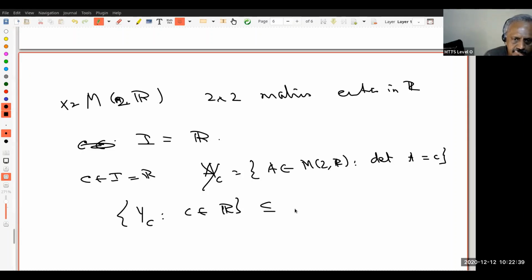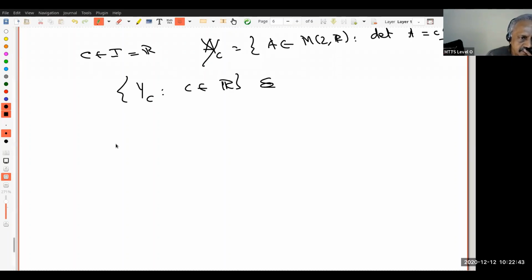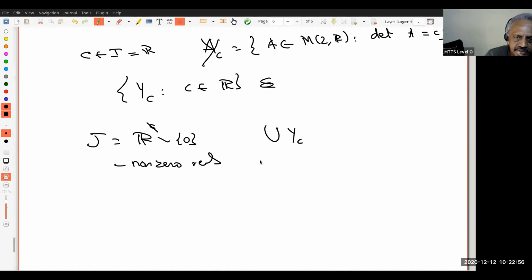This is the subset of matrices. Now let me take J equal to R minus singleton 0, that is all non-zero reals. So what is the union of Y_C, C in J? Start with a matrix A in M2(R).